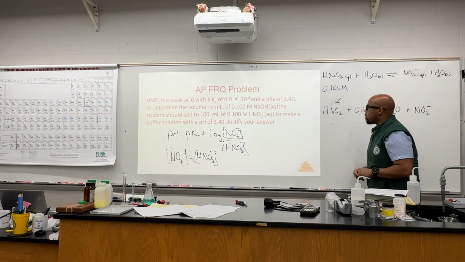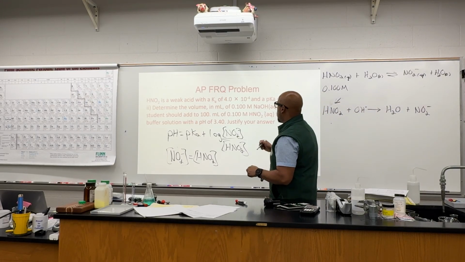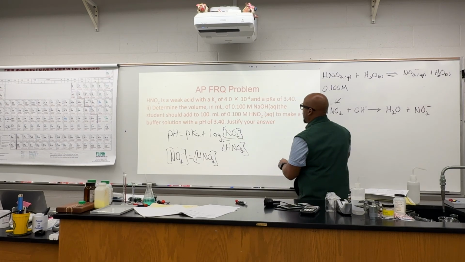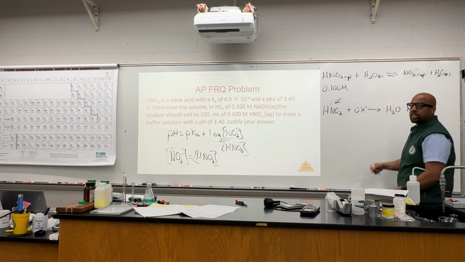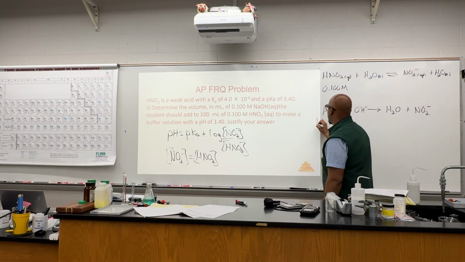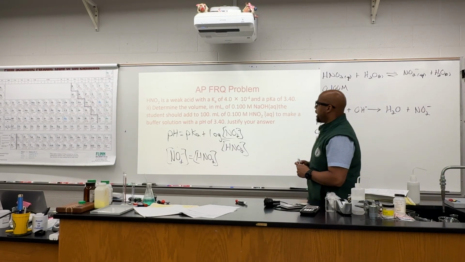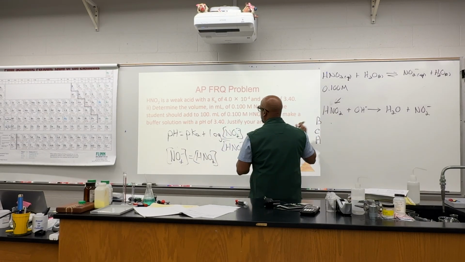So if you look at it, what do I have? They want me to figure out how many moles of the sodium hydroxide. I know that whenever I react the sodium hydroxide with the nitrous acid, a neutralization reaction occurs, and we said we have to go B, C, A whenever we're dealing with neutralization reactions. I have to figure out how many moles of this substance I'm starting off with.